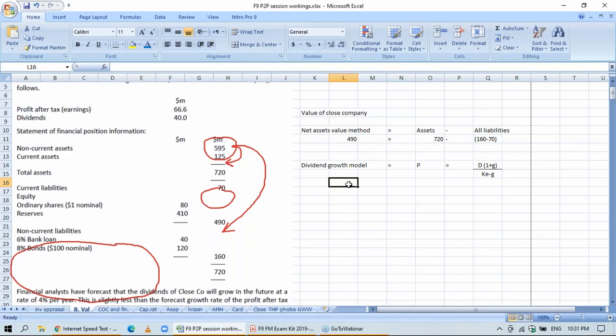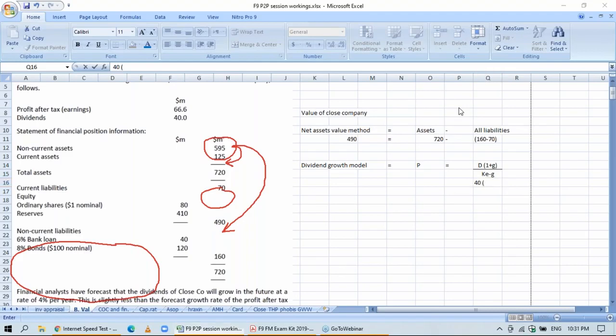So this becomes the formula for the price from the same formula we were using earlier. Plug in the figures over here. In this case 40 cents is the dividend as per the question.